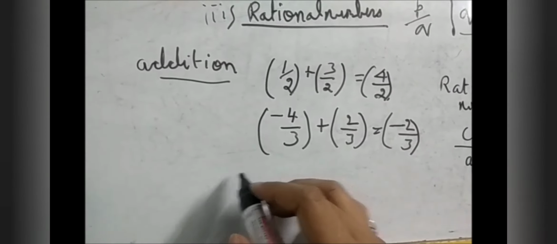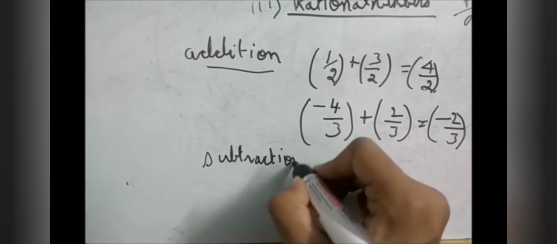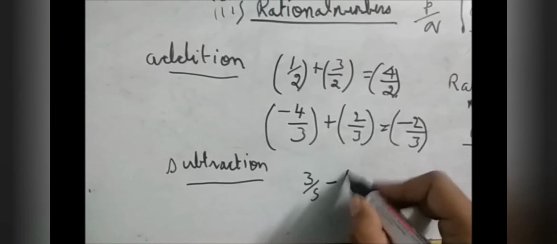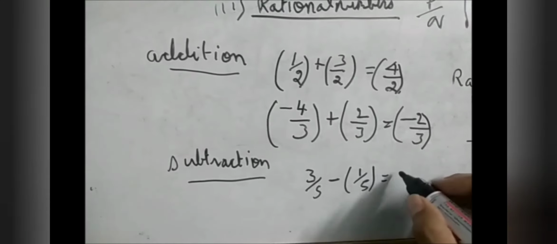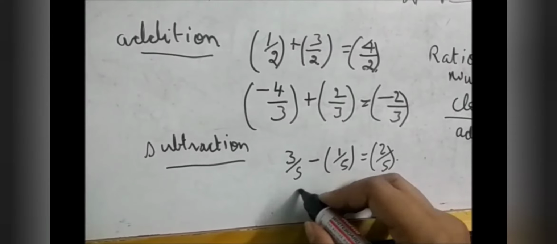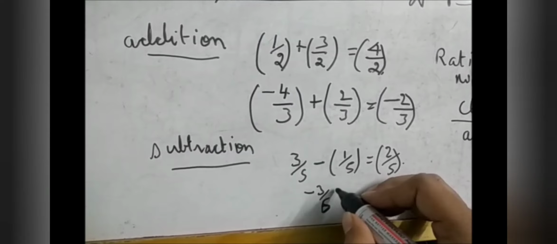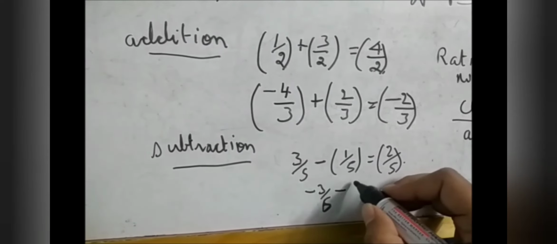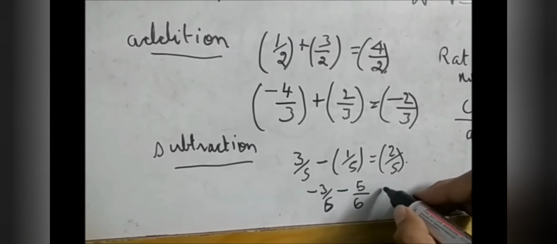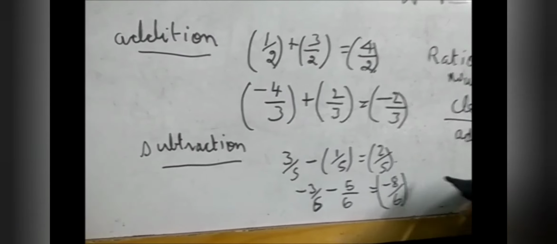Now let's take subtraction. Let's take 3 by 5 minus 1 by 5, which will give us 2 by 5, which is a rational number. We can take minus 3 by 6 and minus 5 by 6, which will be equal to minus 8 by 6, which is a rational number.